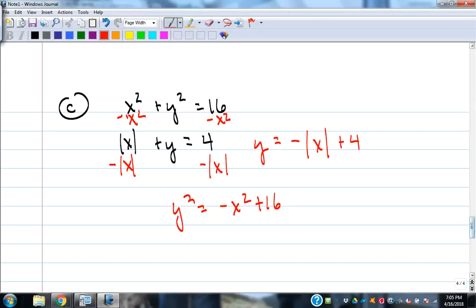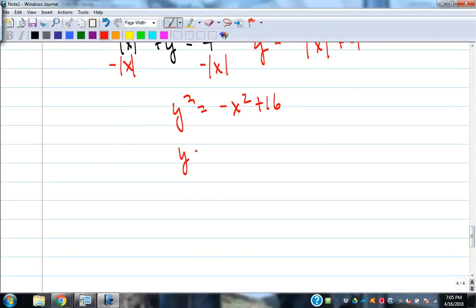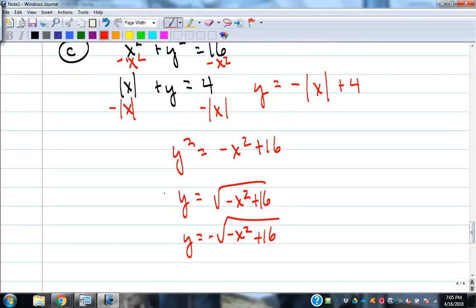And then take the square root like we've been doing. So y is the positive square root of negative x squared plus 16. And y is the negative square root of negative x squared plus 16. And we would end up graphing 1, 2, and then this is the third one.